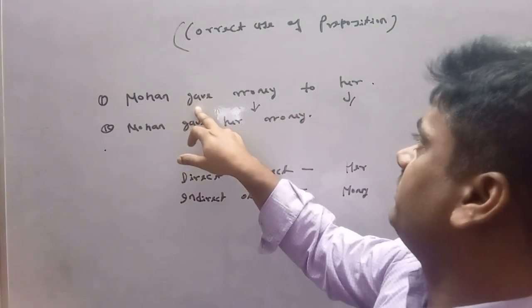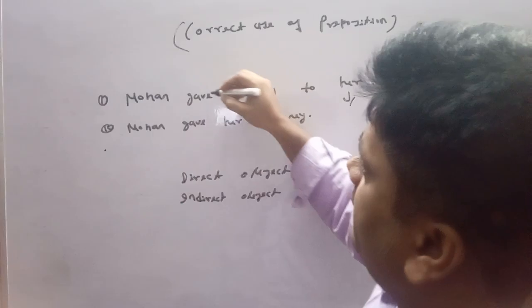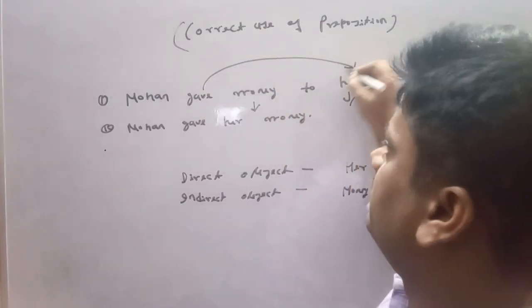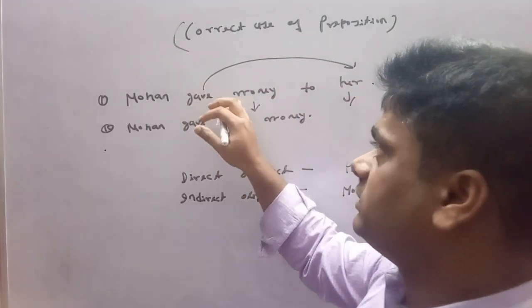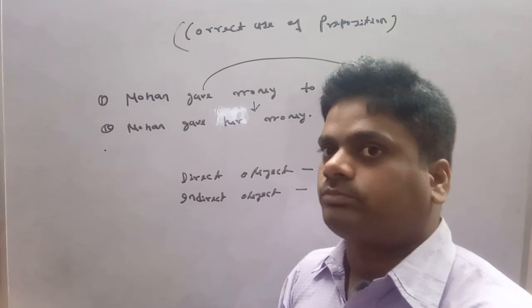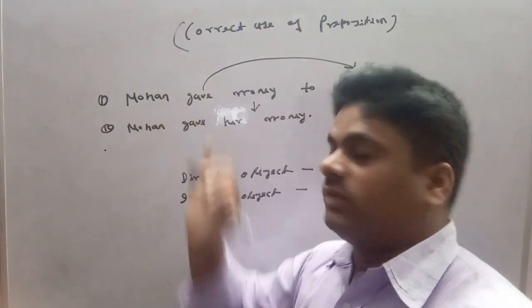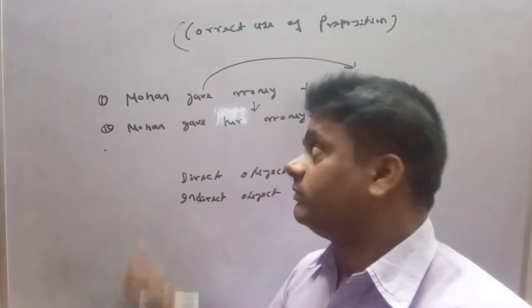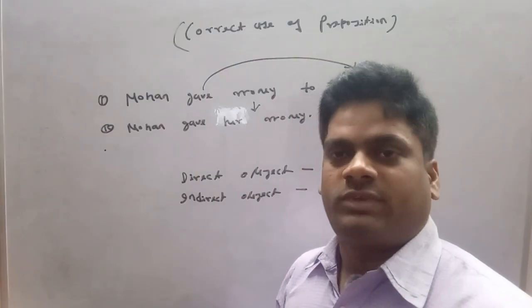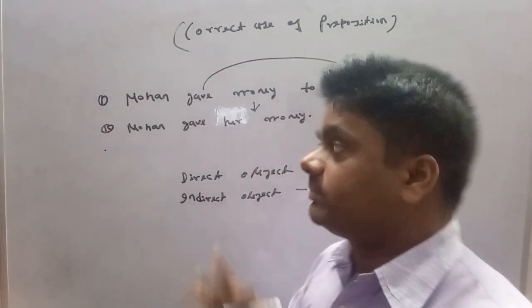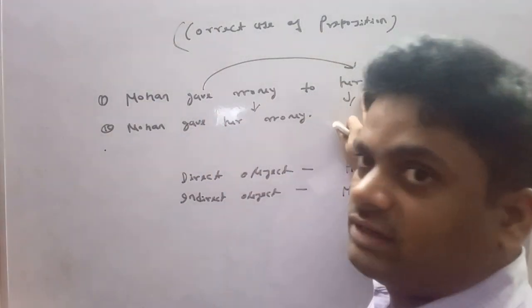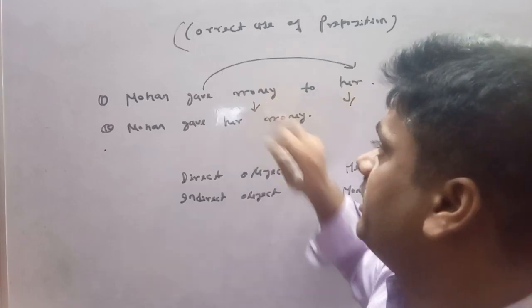Then the process of giving is associated with her, it is not associated with money. It means verb is associated with its primary object, and its primary object is her, not money.